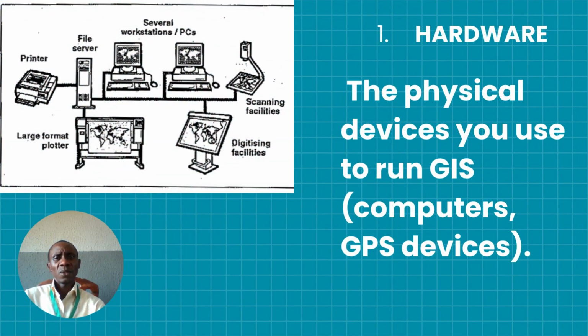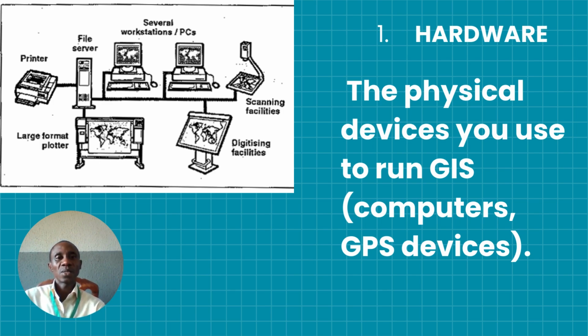Now, first, we have hardware. Remember, I said at the beginning that GIS is a computer tool. It's the use of computers to analyze, manage, and present geographic data. So we have the hardware, those physical devices you use to run GIS.